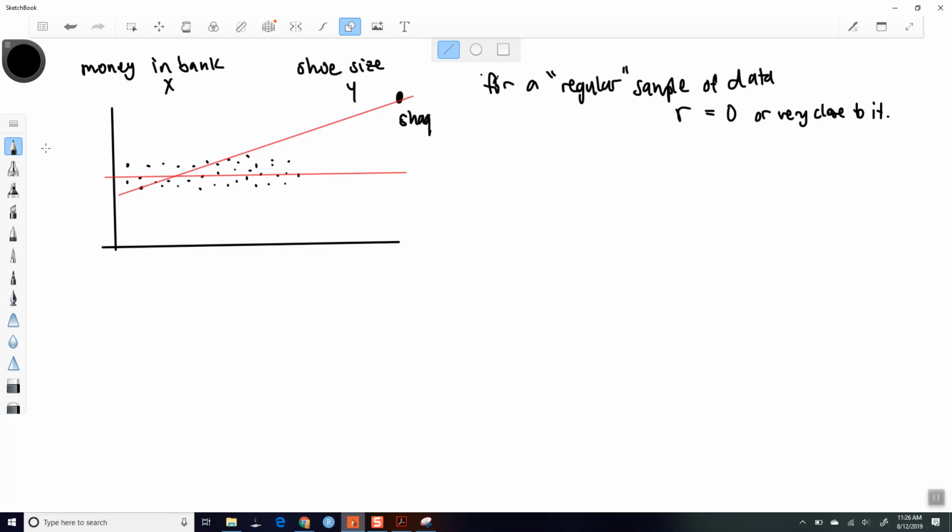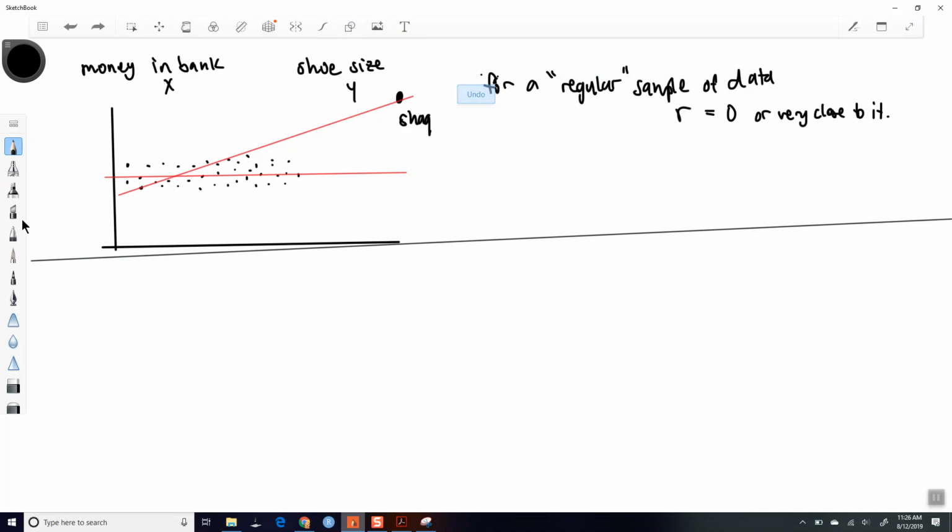Okay. And then again, once again, the warning is that correlation itself does not tell us if the relationship is linear.